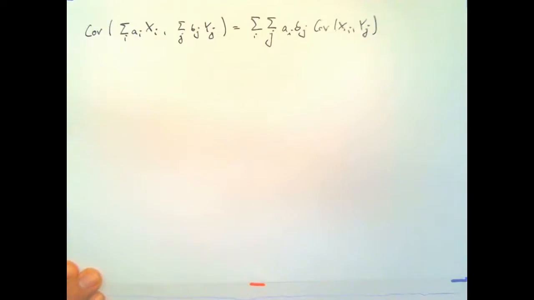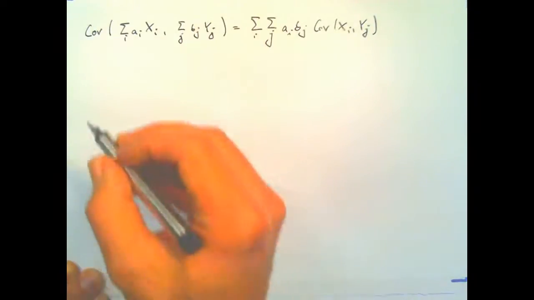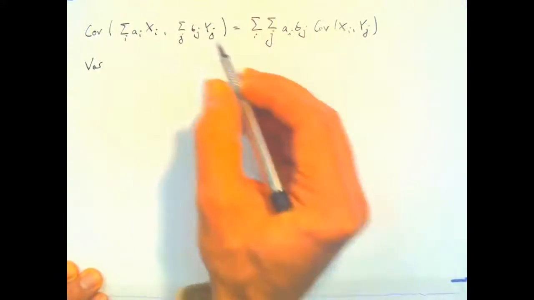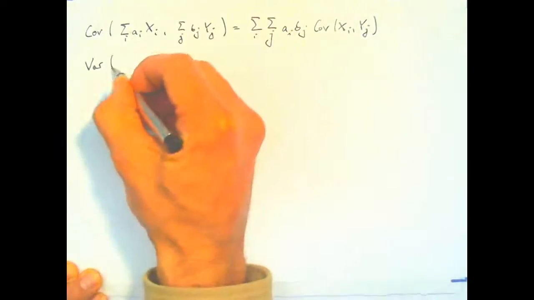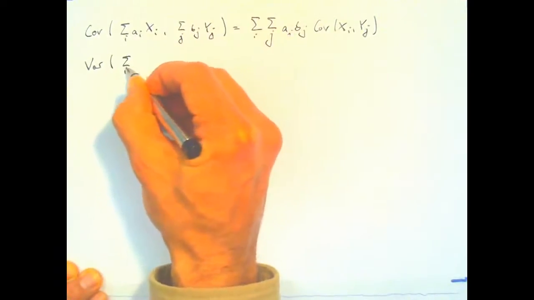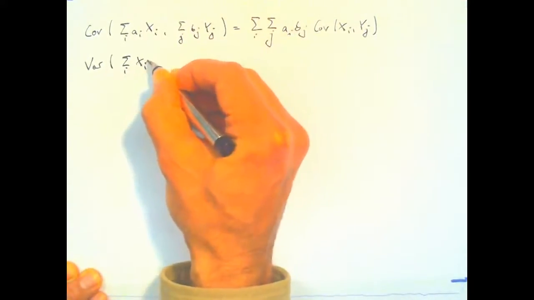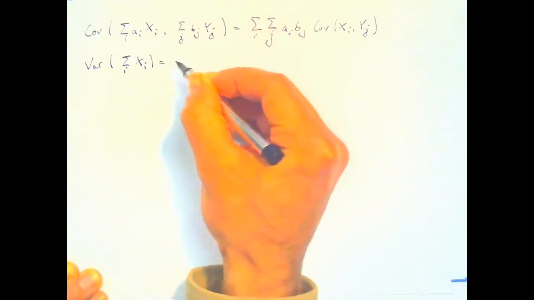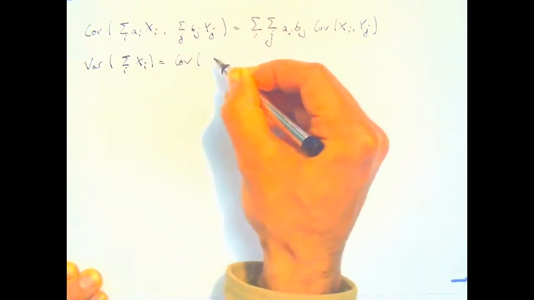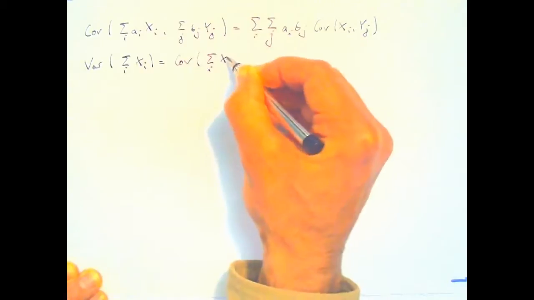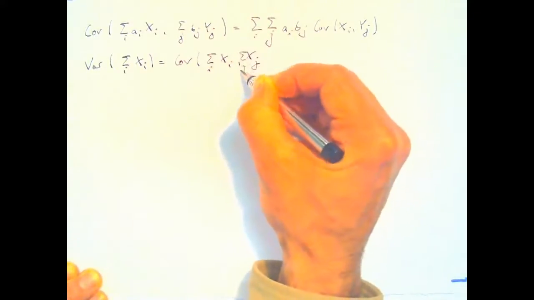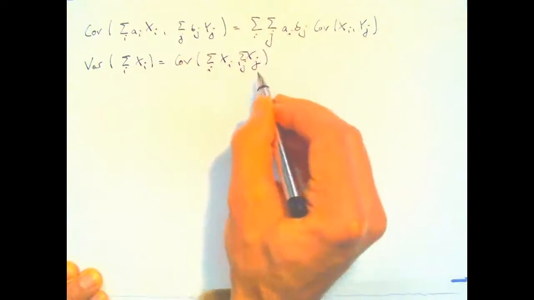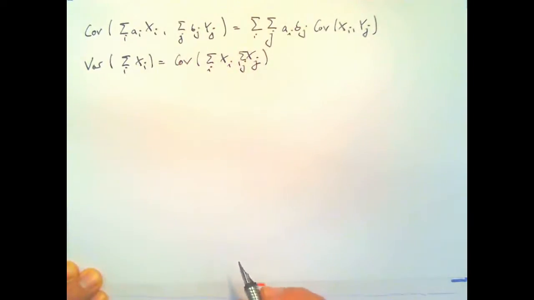The variances are just the diagonal elements of the covariance. And with this rule that we've just seen, the variance of a sum of random variables could be rewritten as follows. I'm using a different index the second time to avoid confusion here.